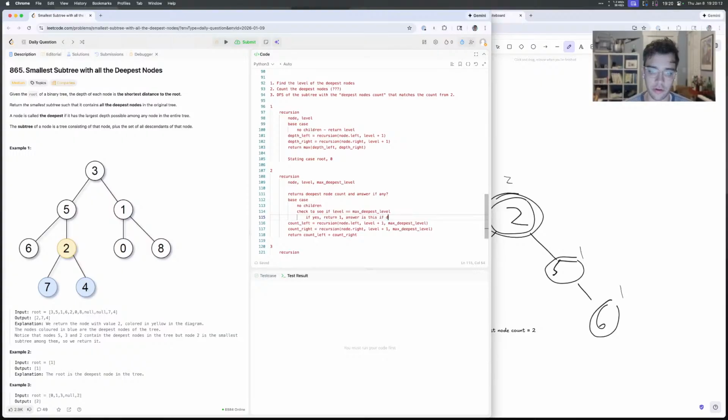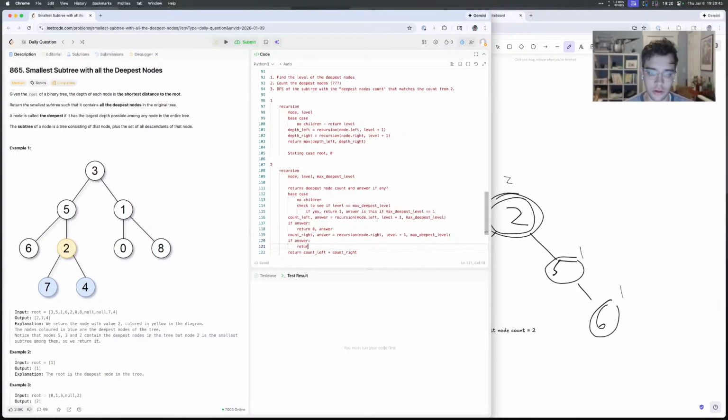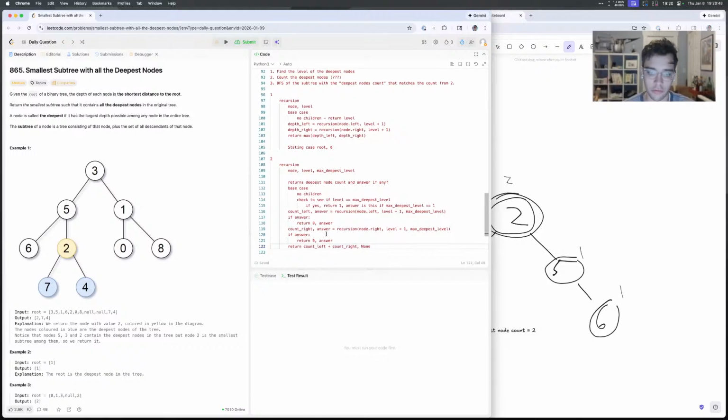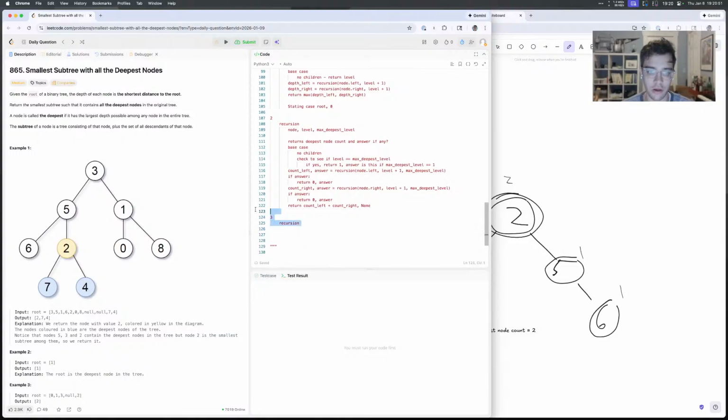Actually, this doesn't matter right here, because we just need the node. Once we find the answer, it doesn't matter to track it. We haven't found it yet.